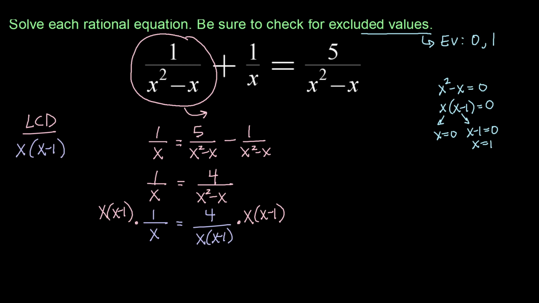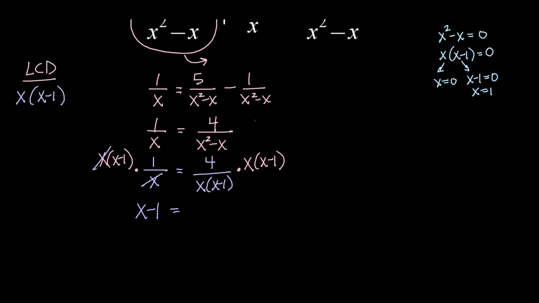then I can start to simplify. I can cancel out on my left my factor of x in my numerator and my denominator. That just leaves me with 1 times x minus 1, or x minus 1. On my right-hand side, I can cancel out my factors of x and x minus 1 from my numerator and denominator, and that leaves me with just 4.